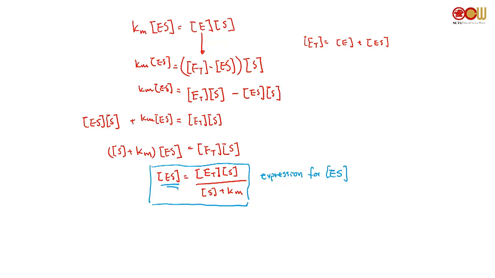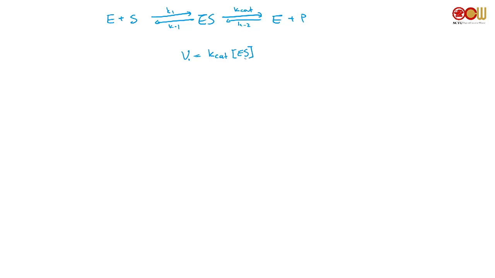Then remember at the very beginning, what do we have? Our reaction is E plus S gives you ES, gives you E plus P. And this is Kcat, K minus 2, K1, K minus 1. So that's our reaction. And remember we said that the rate is going to be equal to small k, Kcat times ES.